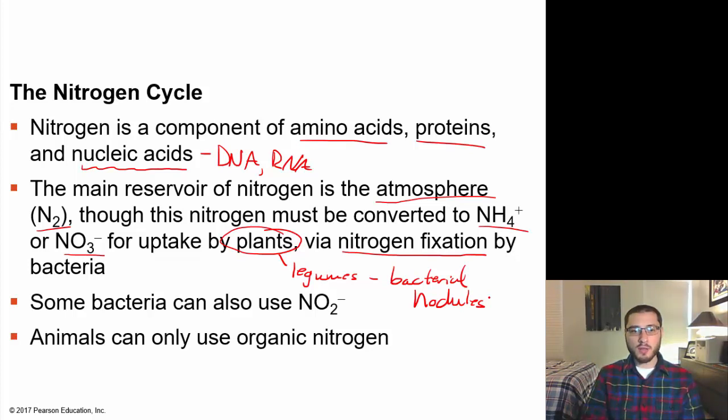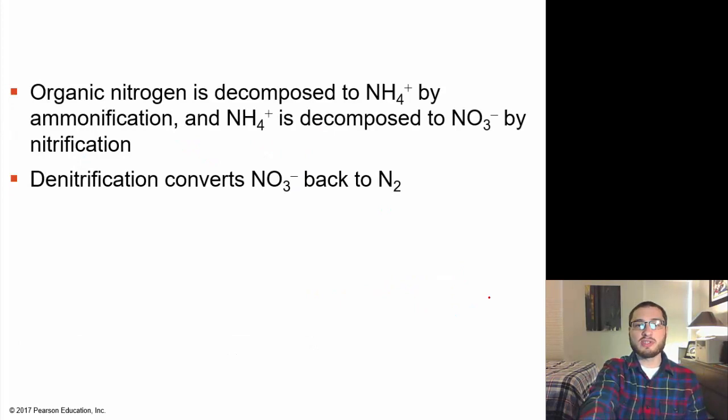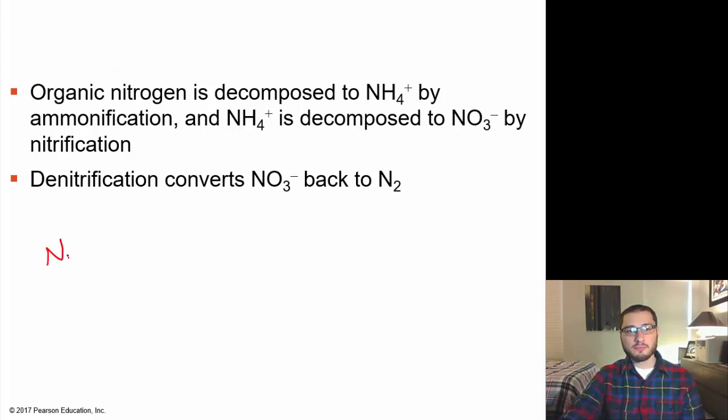Some bacteria can also use NO2. Animals can only use organic nitrogen, so we need to convert it. Organic nitrogen is decomposed to NH4 by ammonification, and NH4 is converted to NO3 by nitrification. So now you have nitrogen fixation.